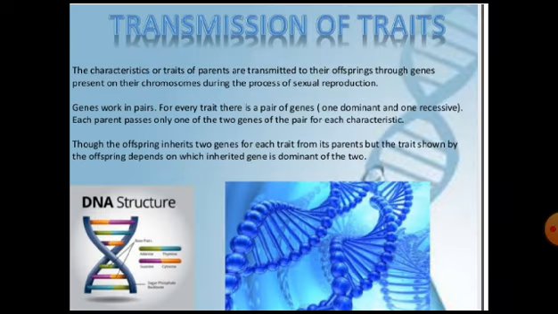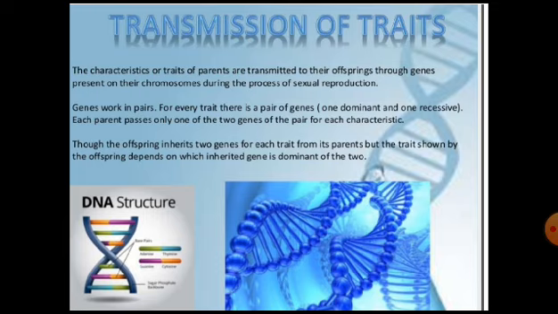Now, how are these traits transmitted? The characteristics or traits of parents are transmitted to their offspring through genes present on their chromosomes during the process of sexual reproduction. Genes work in pairs as already discussed. For every trait, there is a pair of genes, one dominant and one recessive.